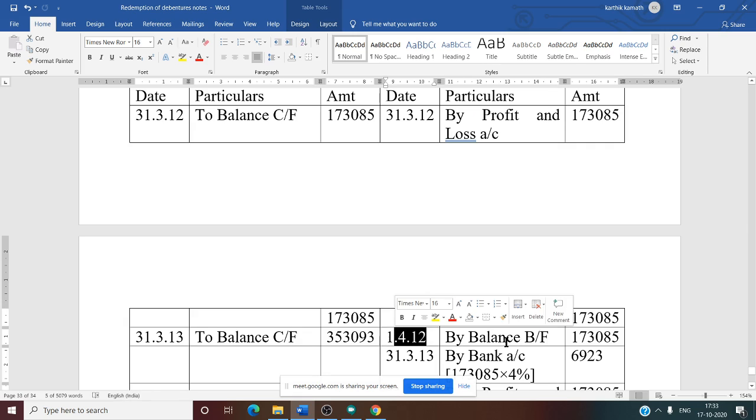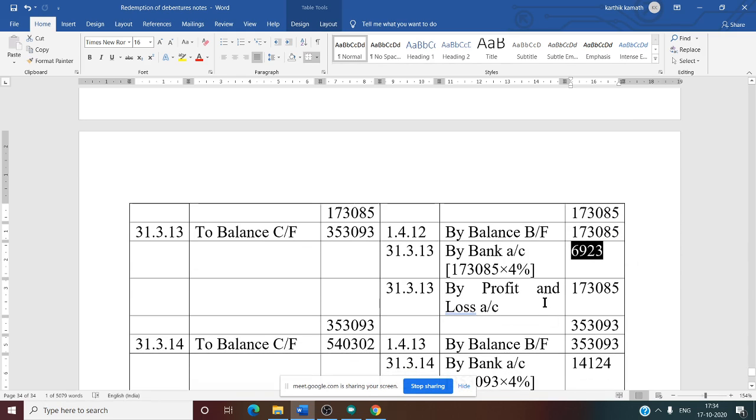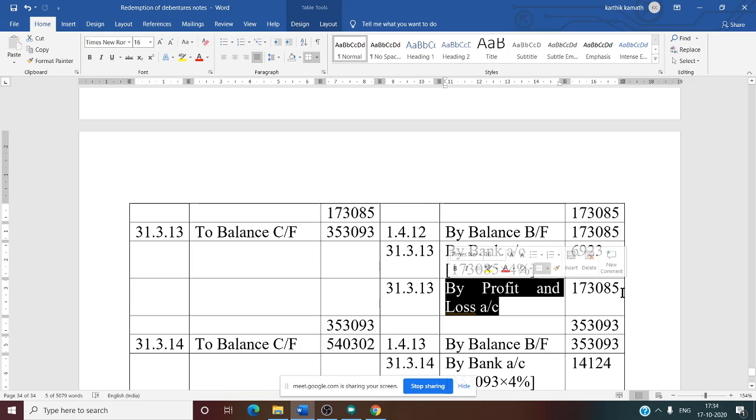Second year again by balance brought forward, the same thing, the previous year's closing balance. Now the interest calculation. How to calculate interest on the opening balance? On the opening balance of the second year, 1,73,085 into 4%, that is 6,923. The profit and loss account amount is the same for each year, that we know.